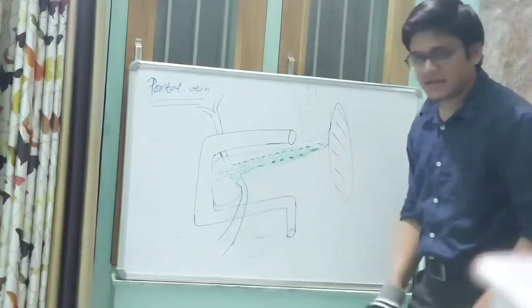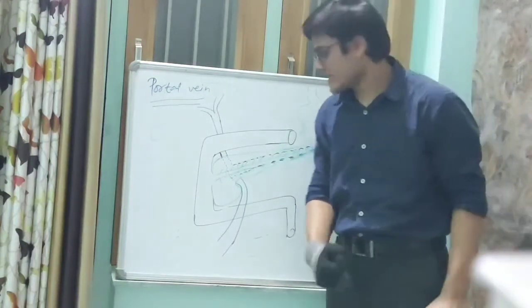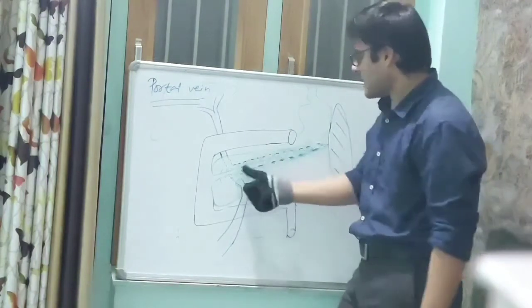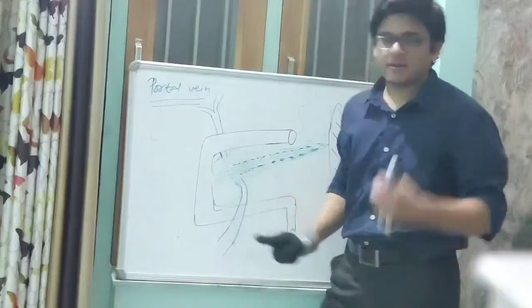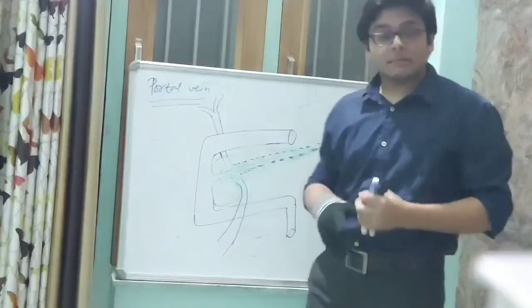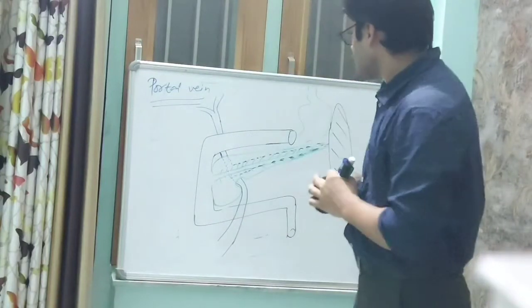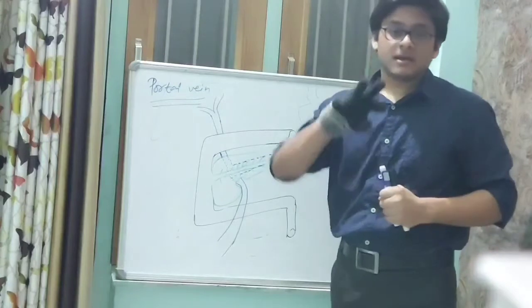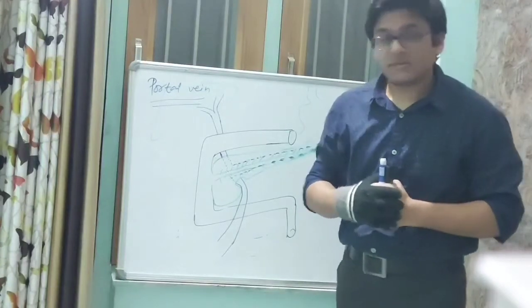This is the neck of the pancreas, or the origin behind the neck of the pancreas. The superior mesenteric vein and splenic vein join to form the portal vein behind the neck of the pancreas. And in this diagram you can clearly see that on the basis of its position there can be three relations of the portal vein.